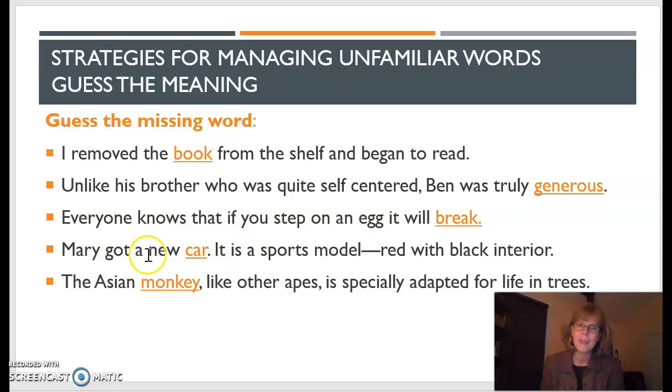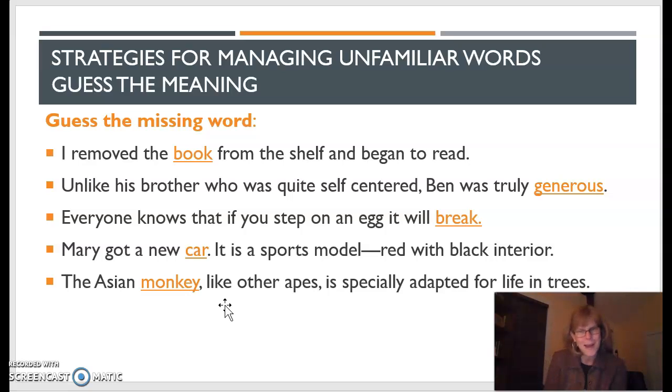Number 4, Mary got something, a new something. It's a sports model. It's red. It has black interior. That sounds like a car to me, talking about a new car. And then the next one, really talking about some kind of animal, right? Like other apes is adapted for life in trees.